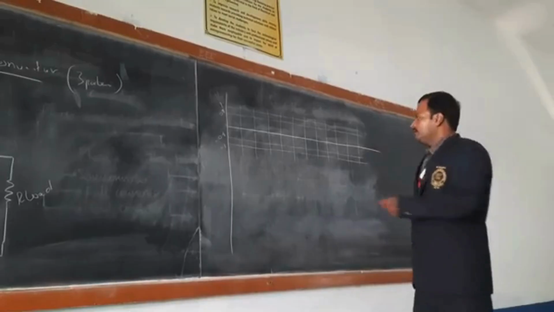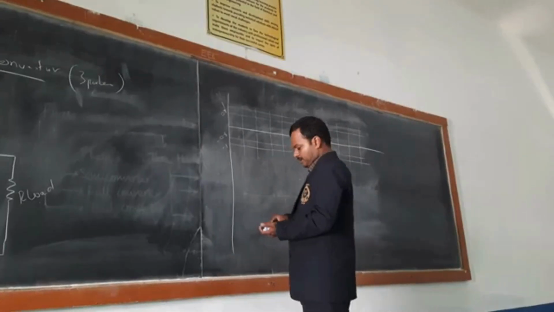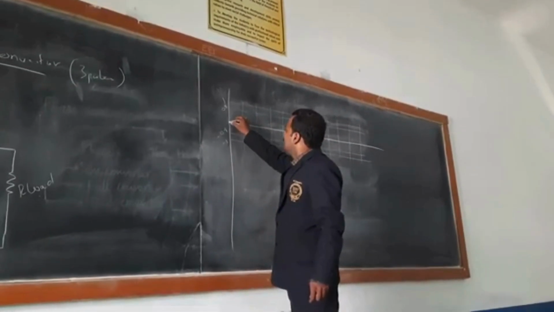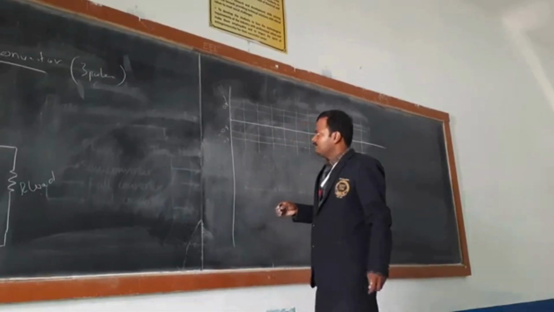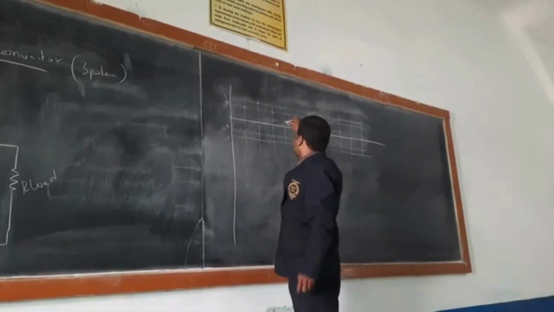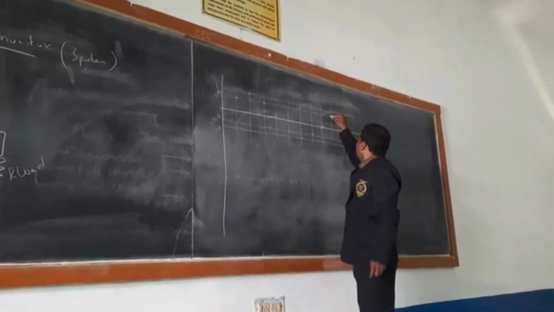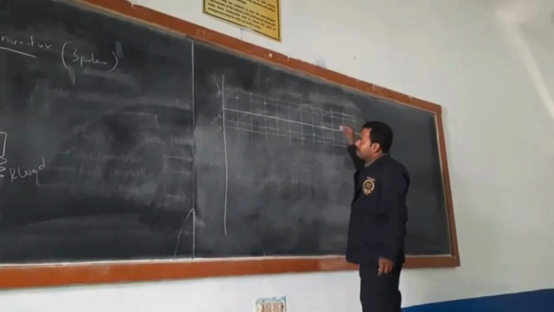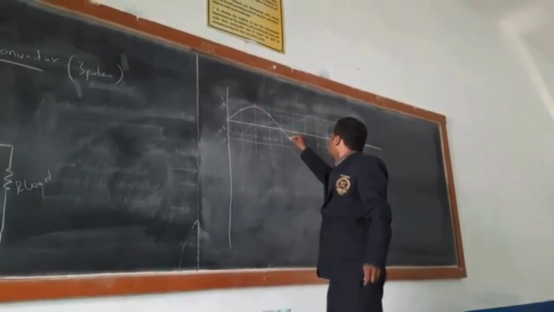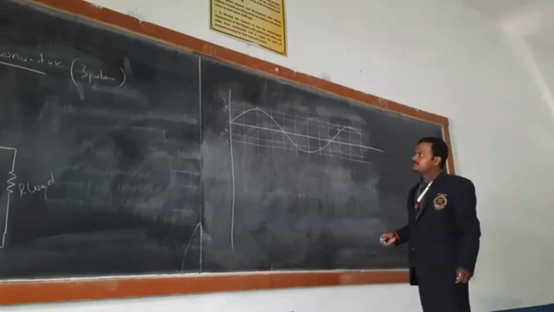Now we can draw the 3-phase supply R, Y, B. First we are going to draw the R phase. Take from the 0. We need to connect all the adjacents. This is your R phase.